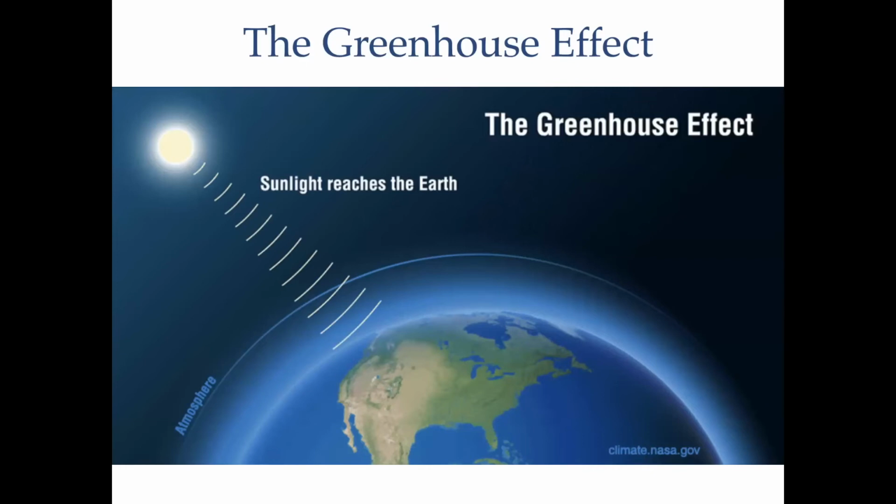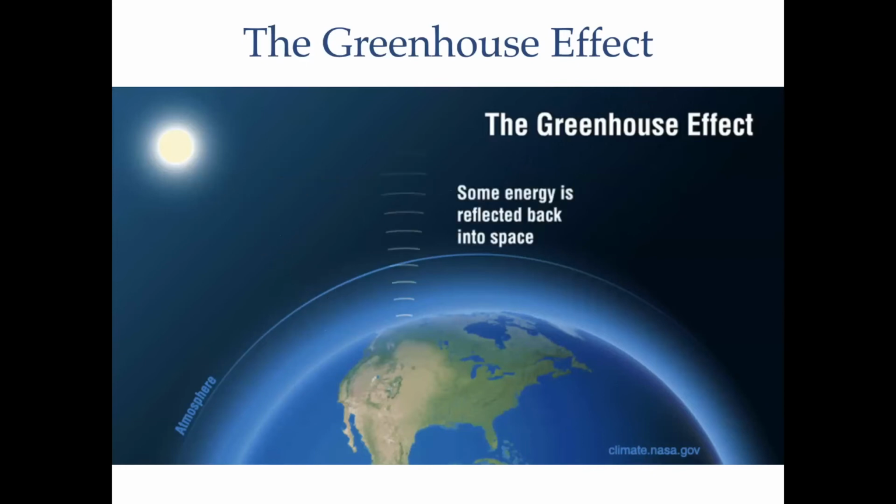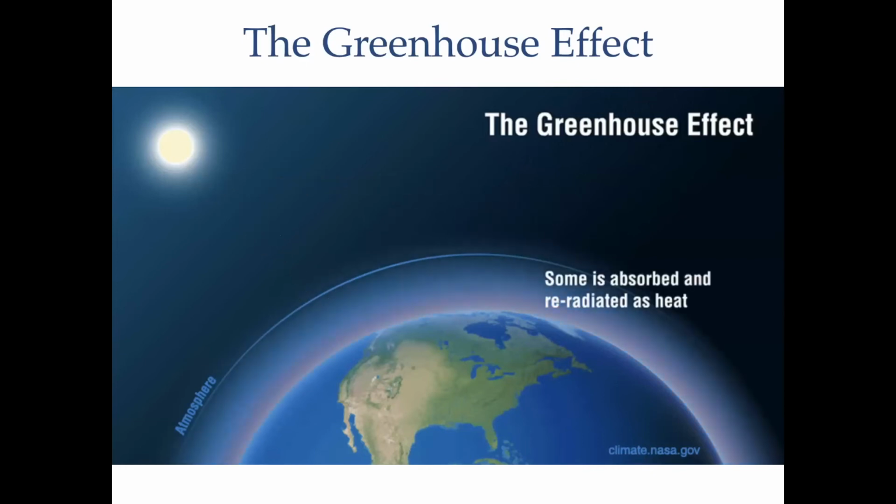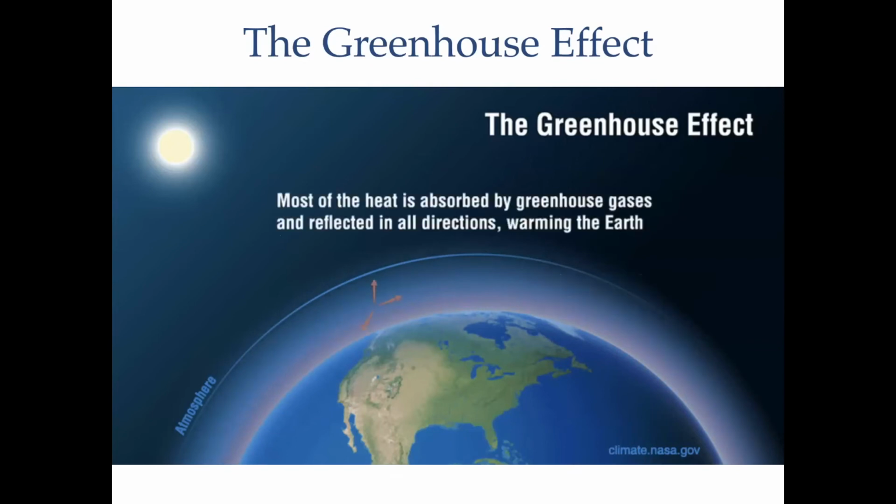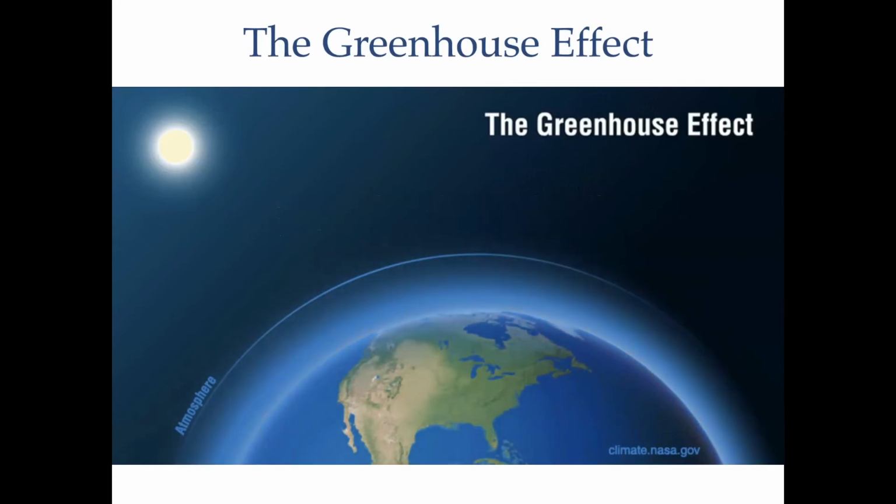So we know that the sunlight is going to reach the earth. Some of this energy is going to be reflected back, and some of that energy is going to be in the system, and we are going to use it and transform it into our net primary productivity.